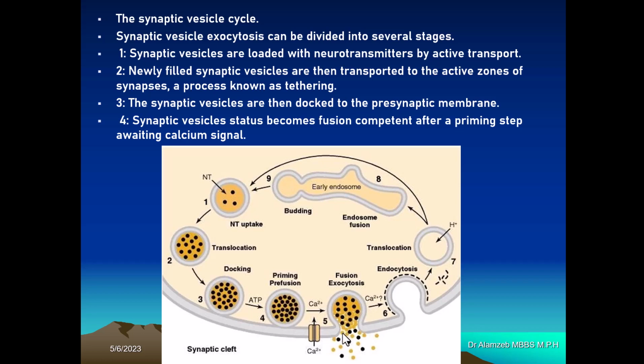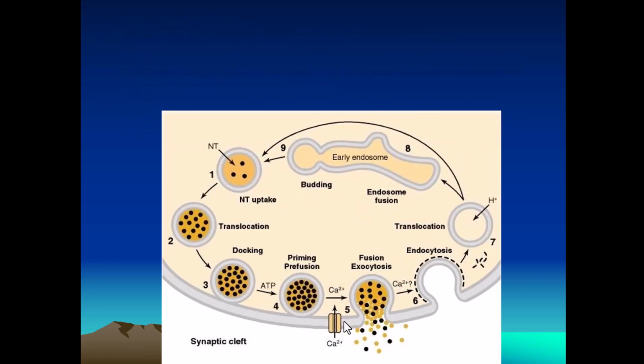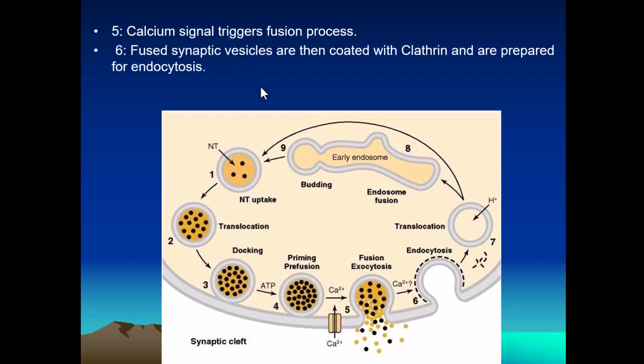After this release, the calcium signal triggers the fusion process, and a few synaptic vesicles are then coated with clathrin and are prepared for endocytosis.